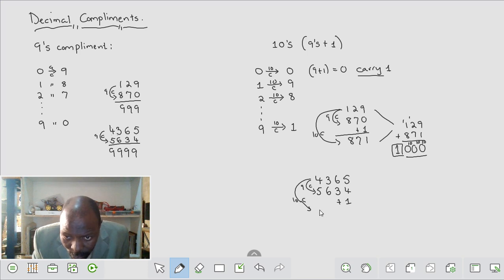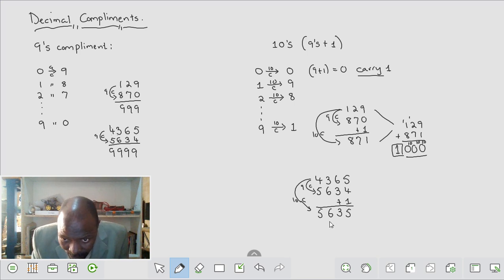Now that will be, if we add a 1 there, that will be 5. We're adding a 1 to that, 3. That will be 6. That will be 5. We're not adding to the original number, we're adding to the 9's complement. 10's complement is what? Is 9's complement plus 1.